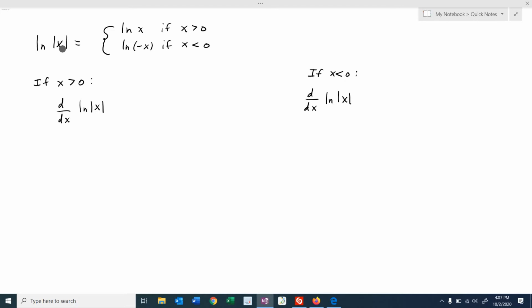The natural log of the absolute value of x is actually equal to a piecewise function. It's equal to the natural log of x if x is positive, and the natural log of negative x if x is negative. Notice that 0 is not included here because this function is undefined when x is 0, since the natural log of 0 does not exist. I'm just including that to be clear.